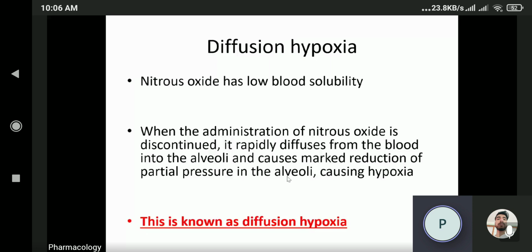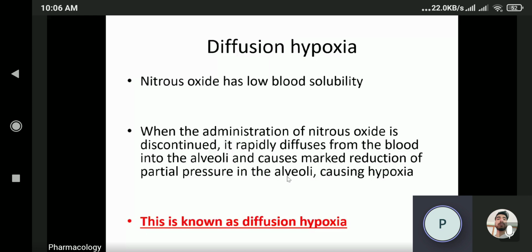In that process, because nitrous oxide is so much less soluble in the blood, it rushes out from the blood compartment into the alveolar compartment so much faster that it causes a marked reduction of the partial pressure of the other gases, including your oxygen. Because of the differences in partial pressure, there will be a hypoxia kind of situation.